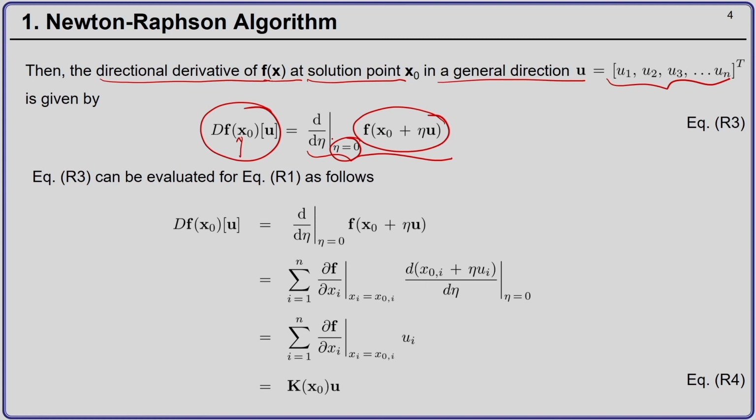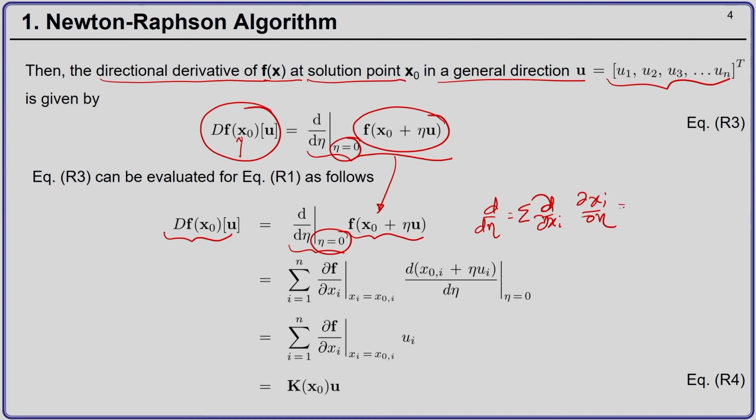Now, when we solve equation R 3, this is del by del eta of f of x 0 plus eta u evaluated at eta equal to 0, and using the chain rule I can write this as a summation of del f by del x I times del x I by del eta.